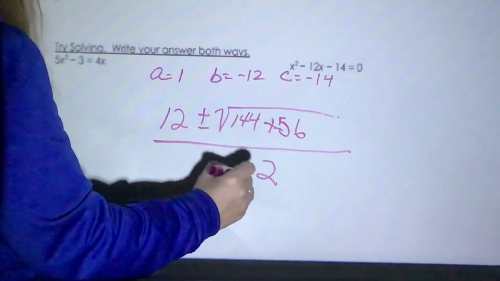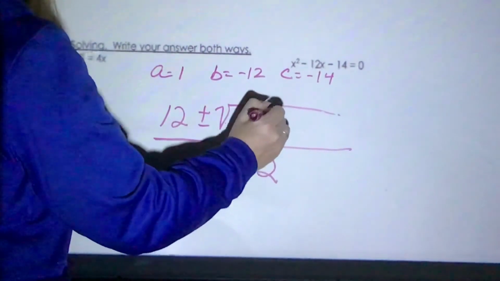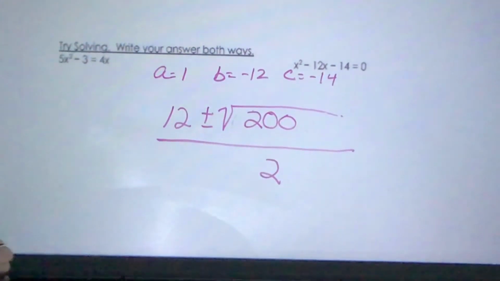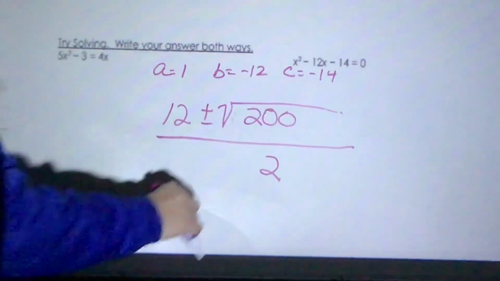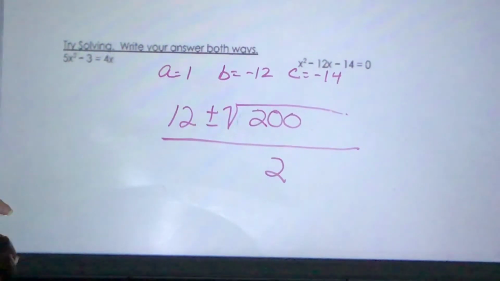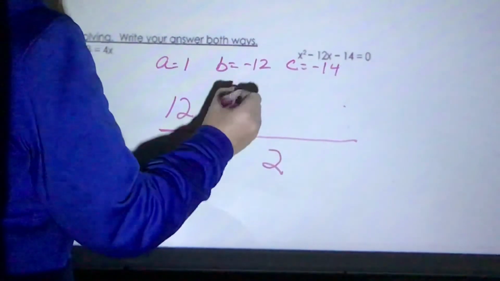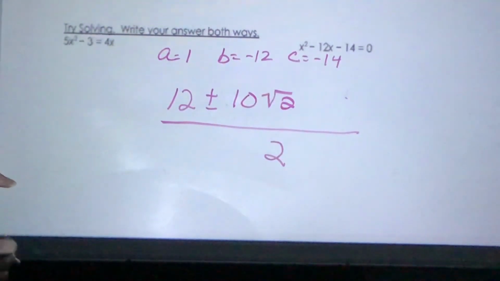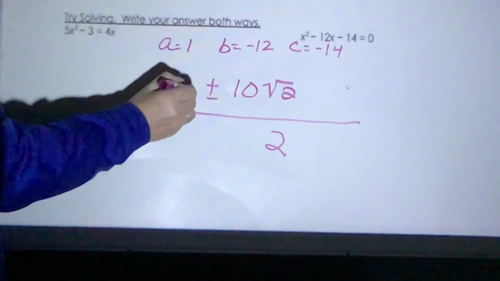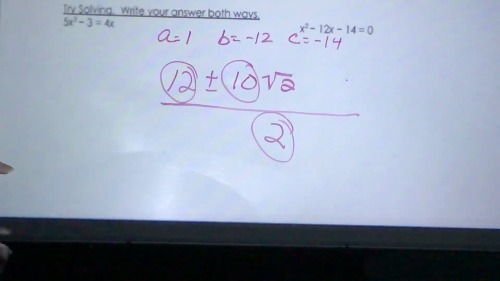And so we get square root of 200. Now I'm going to simplify this into 10 root 2. Now I'm looking at my triangle of numbers to see if I could simplify this further.